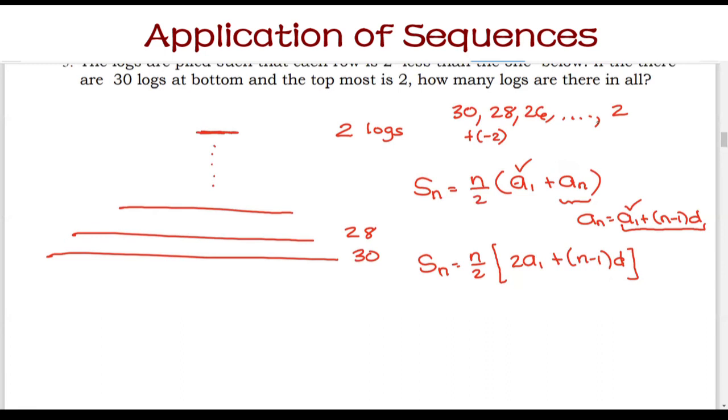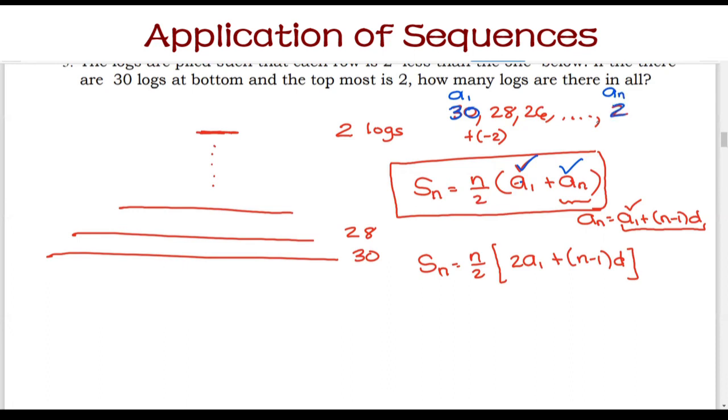Okay, kunyari, ang gagamitin natin itong unang formula. Okay? So, meron naman tayong a1, right? Meron tayong a1 at meron na tayong a sub n. Yeah? Ito yung a1 natin. Okay? The value of a1 is 30. Okay? And our a sub n is equal to 2.